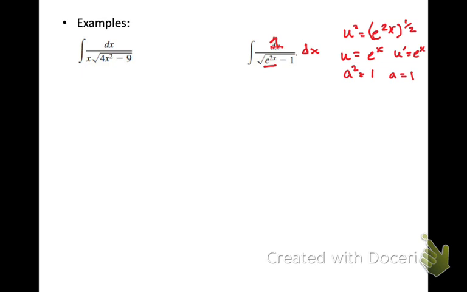So I'm using U minus 1. Oh, du, or u prime, equals. So u prime is e to the x, right?